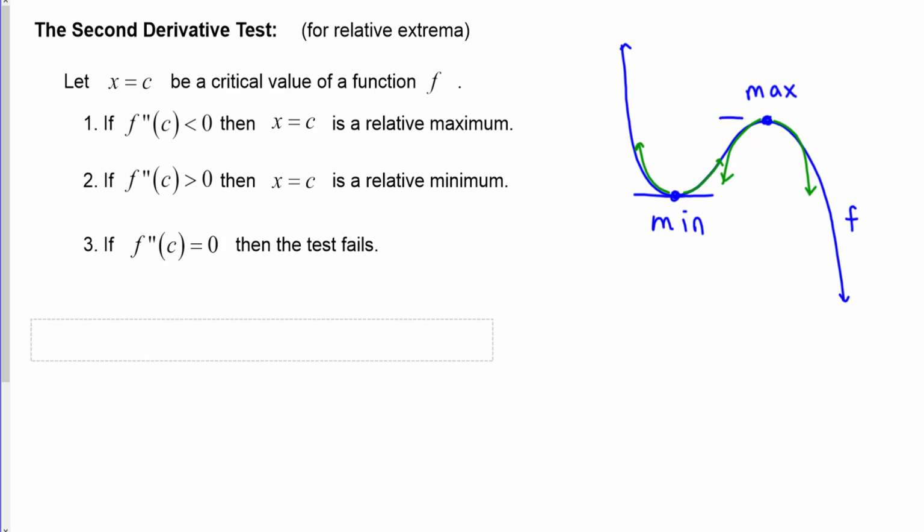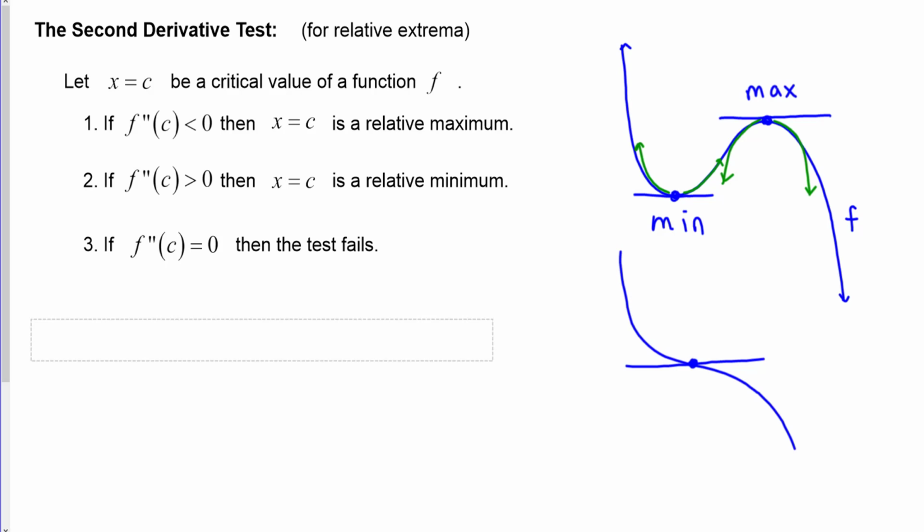Or if you're entirely below, as in an interval that's concave down, then the second derivative test can tell that you have a maximum. However, if you have a critical value that just happens to be an inflection point, the problem is the curve is above the tangent line on one side and below the tangent line on the other side.